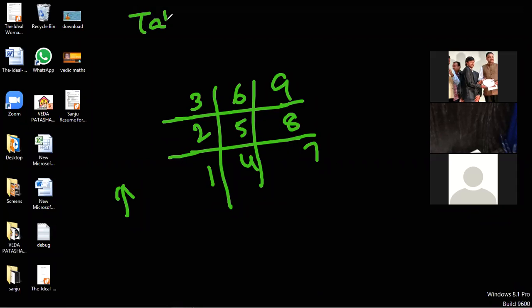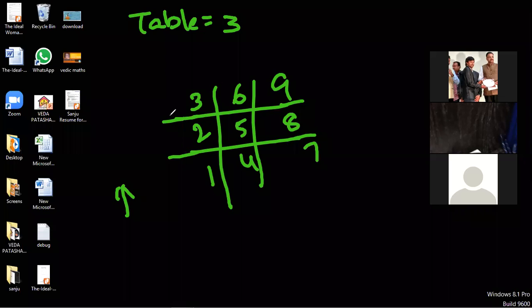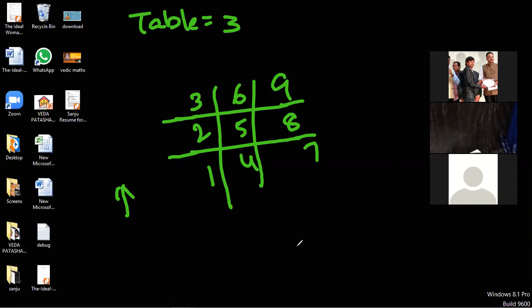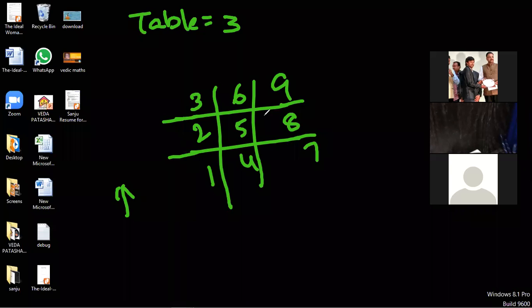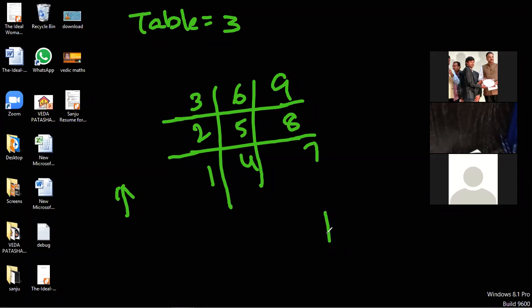Okay, table 3. Now can you please tell me what is the first number? In numbers, is the first number 1 or 0?